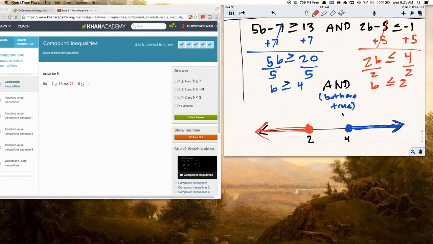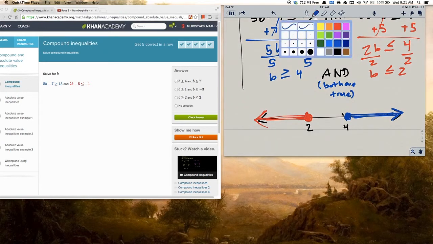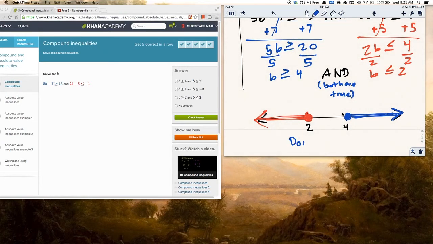And so when I look at that, what I notice is that they don't overlap. And what that means is that since they don't overlap, they both can't be true. Think about it like this. b is greater than or equal to 4 and b is less than or equal to 2.